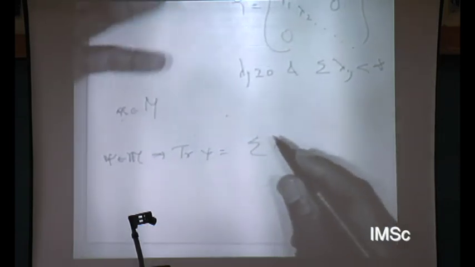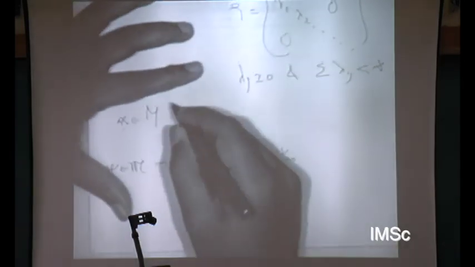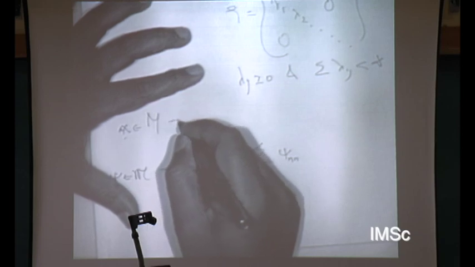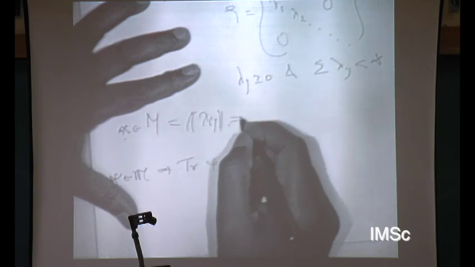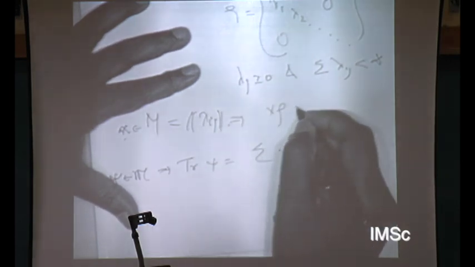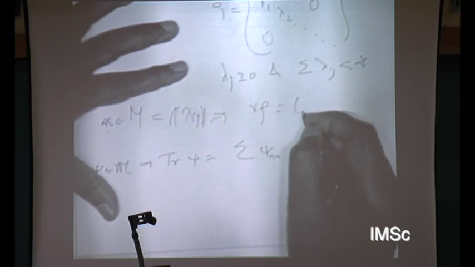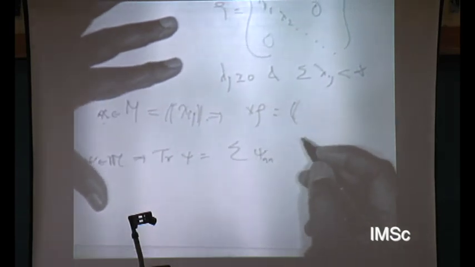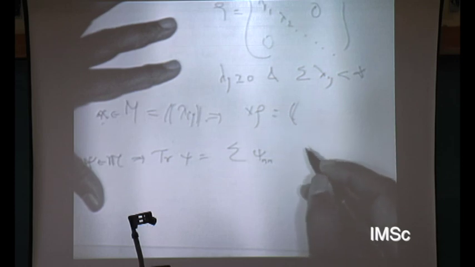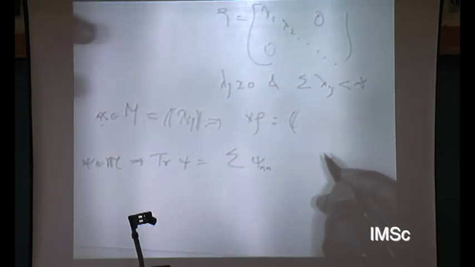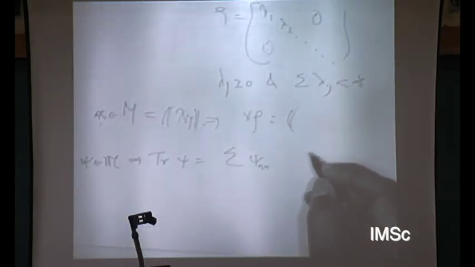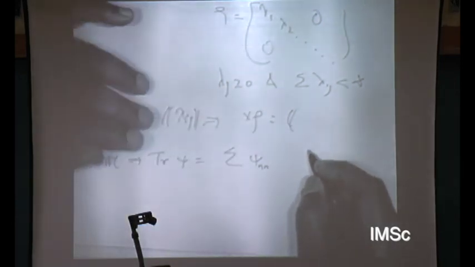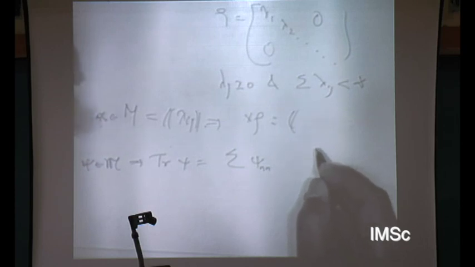X is the matrix x_ij. Rho is the diagonal matrix on the right side.